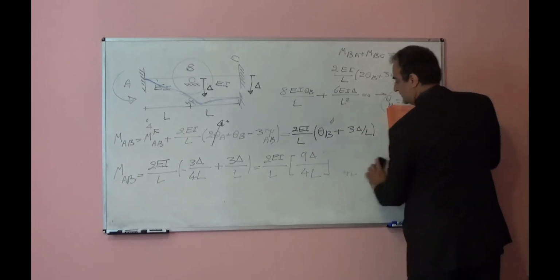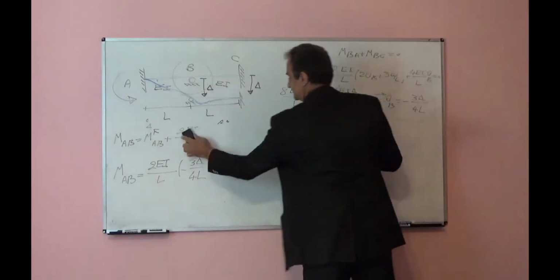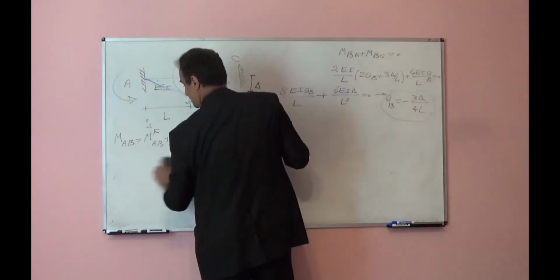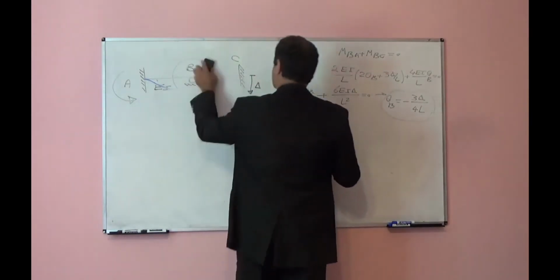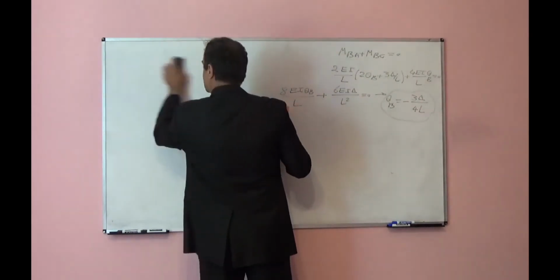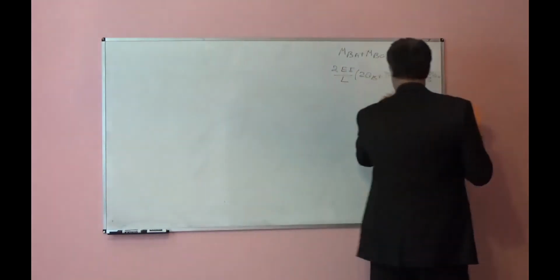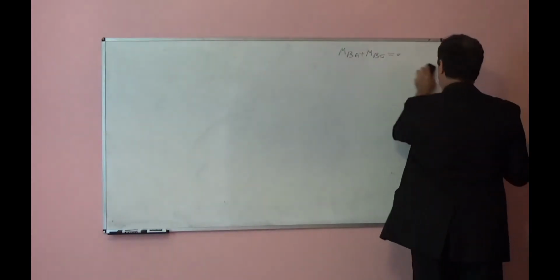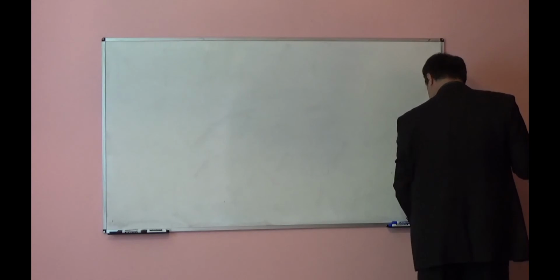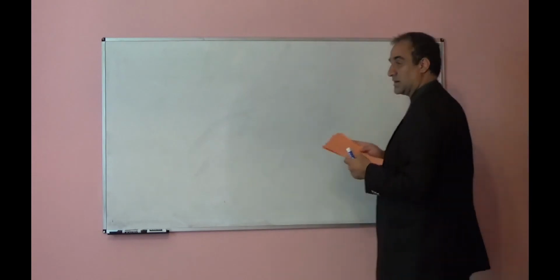Next problem. Again, we have settlement, it is a beam. But we have different EI for different parts.